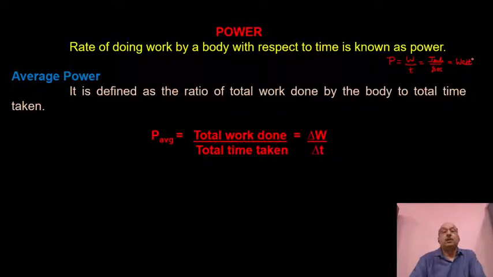And the average power is the total work done upon total time. That is sigma W by sigma T. Here delta T is time and work done is delta W. So it is total work done upon total time.